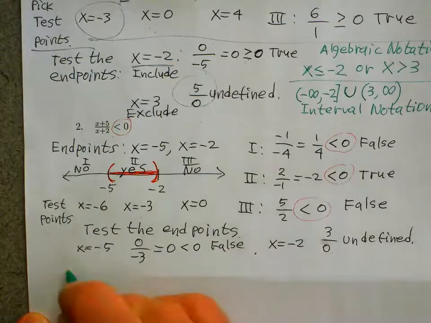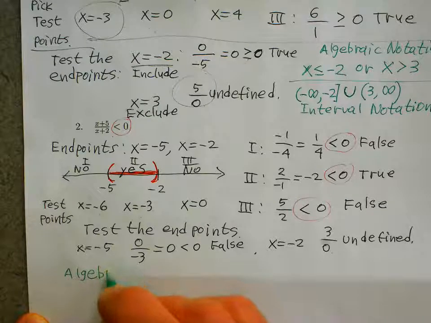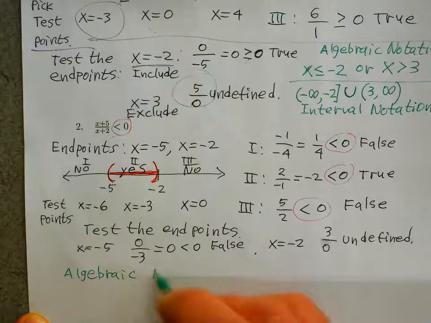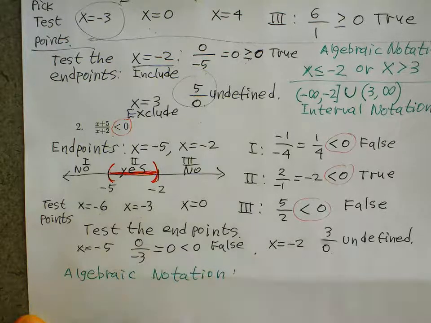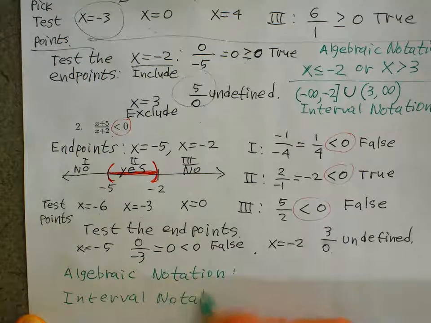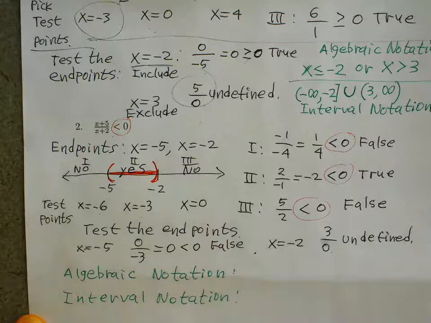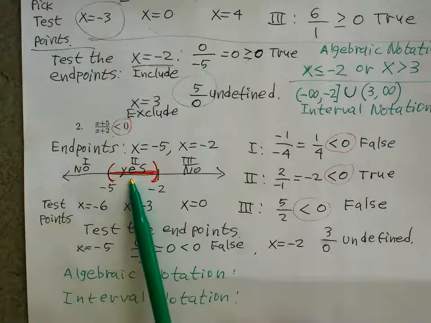Let's write both the algebraic notation and interval notation for the solution. The variable is x. X is between negative 5 and negative 2.